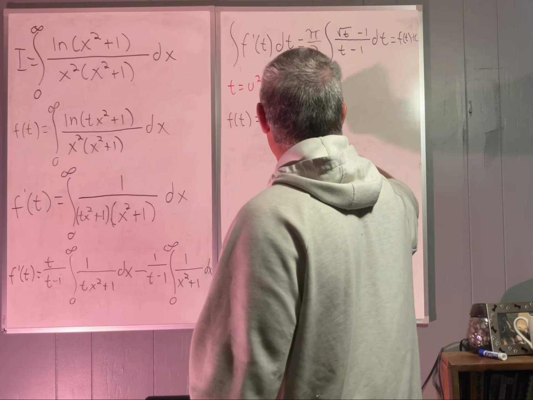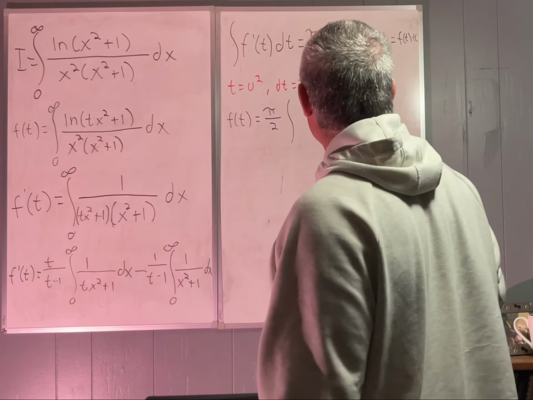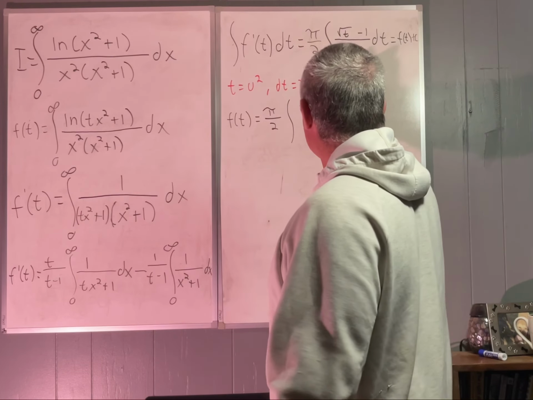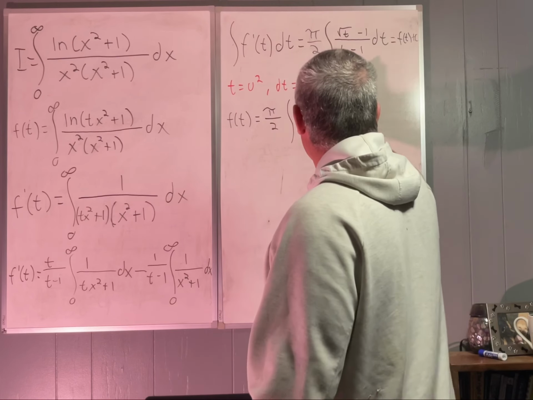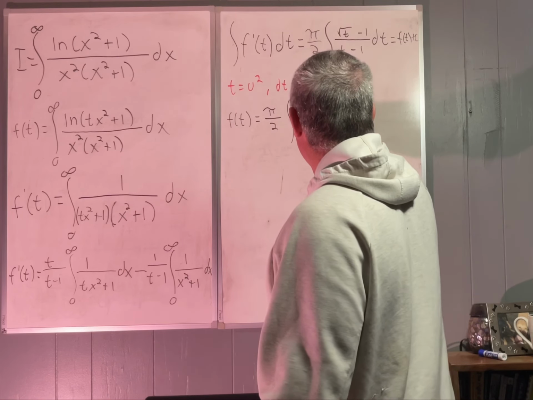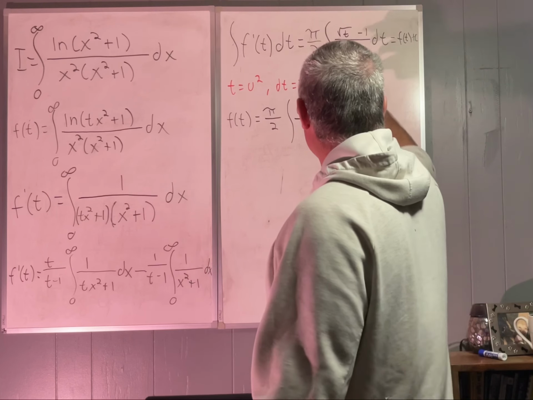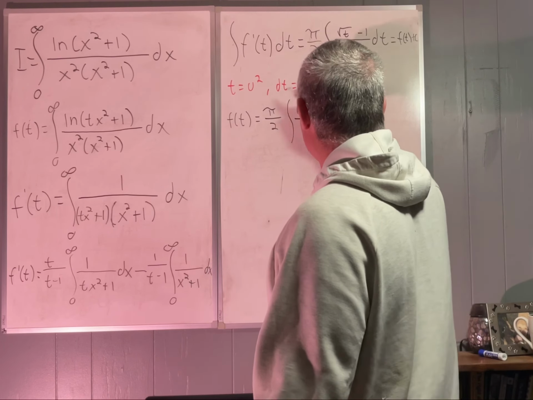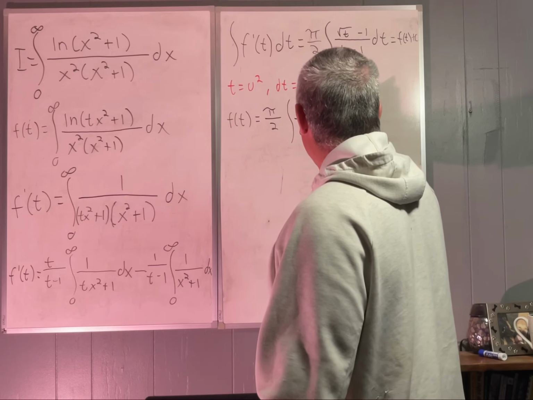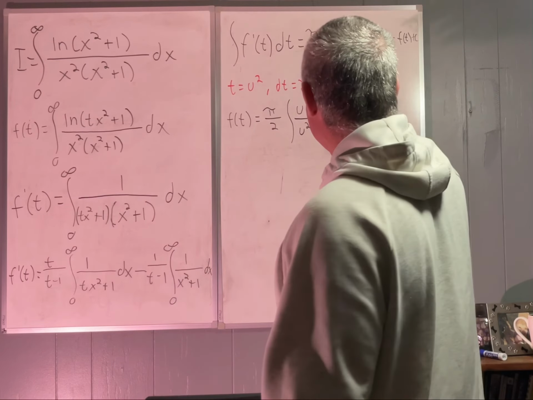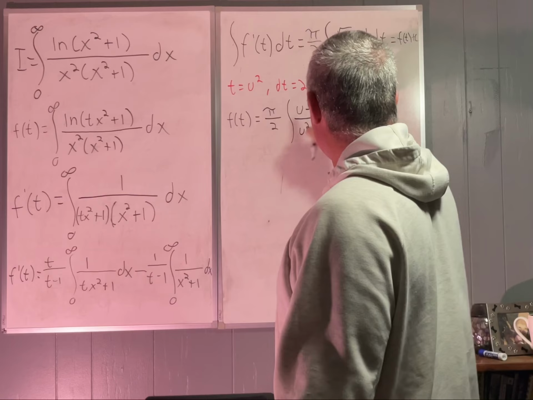Times the indefinite integral of the square root of u squared, which is just u, minus 1 over t, which is u squared, minus 1 dt, which is 2u du.